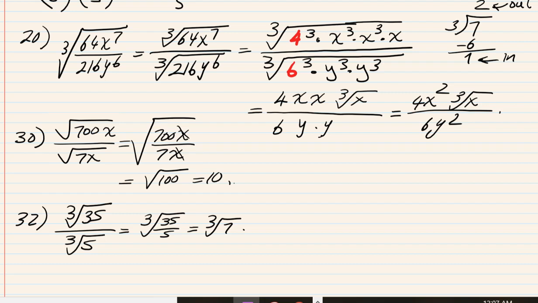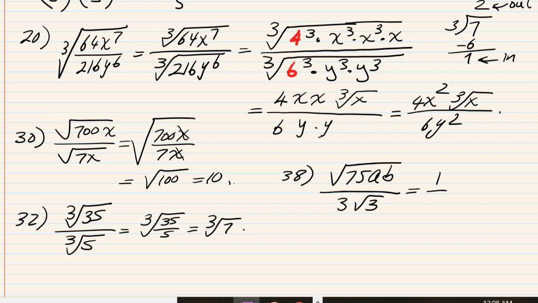Let's take a look at number 38. In number 38, I have square root of 75ab over 3 root 3.